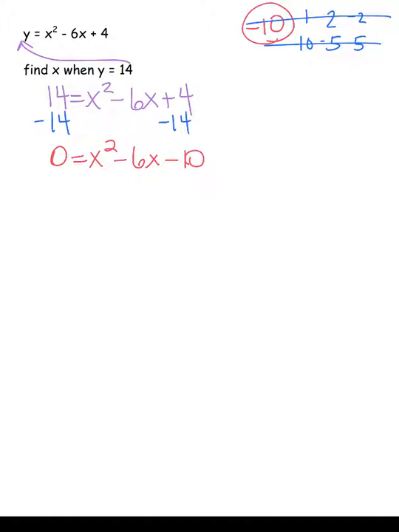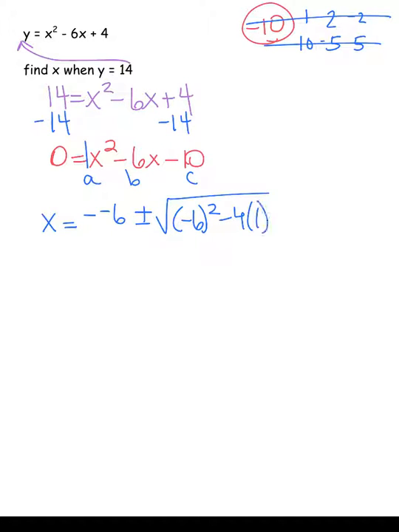So, once again, A, B, C. Let's use the quadratic formula. Remember, A is that invisible 1 that's right there, even if you don't see it. So x equals negative b. Here's another one where b is negative, so negative negative 6, plus or minus the square root of negative 6 squared, b squared, minus 4 times a, which is 1, times c, which is negative 10, all over 2 times a, which is 1.